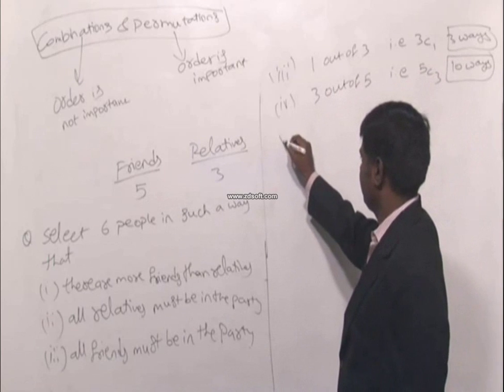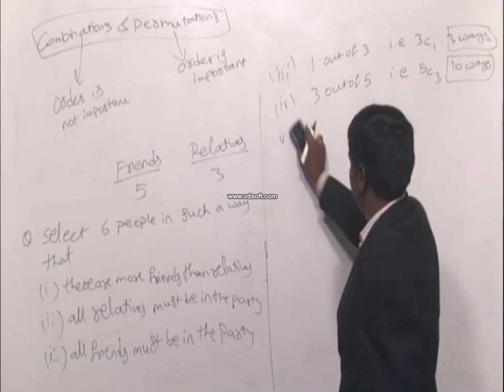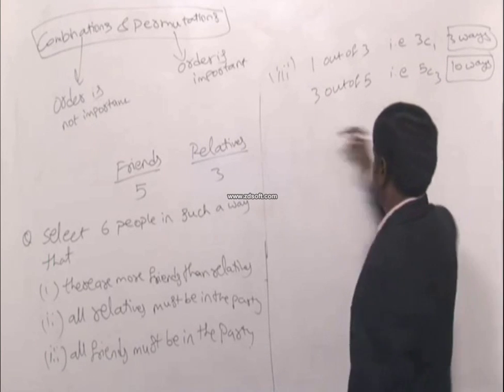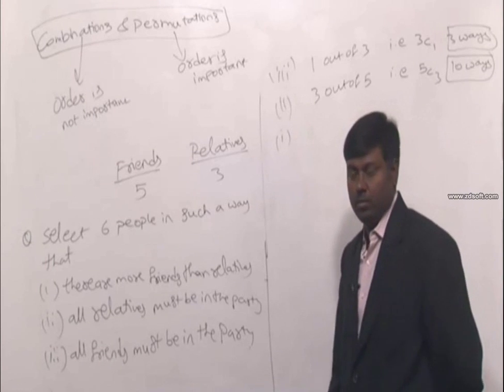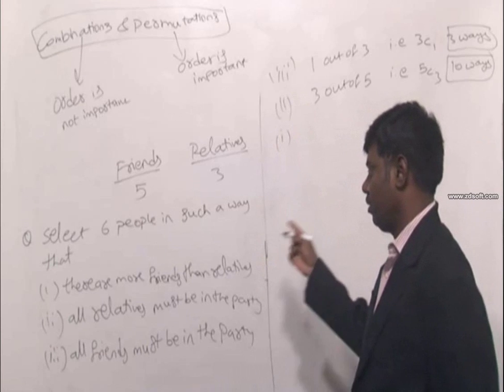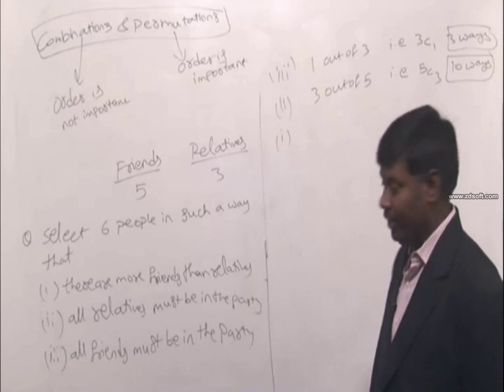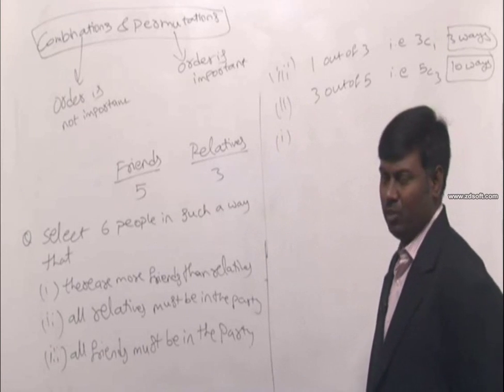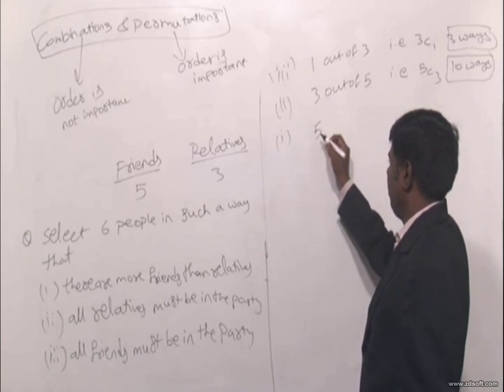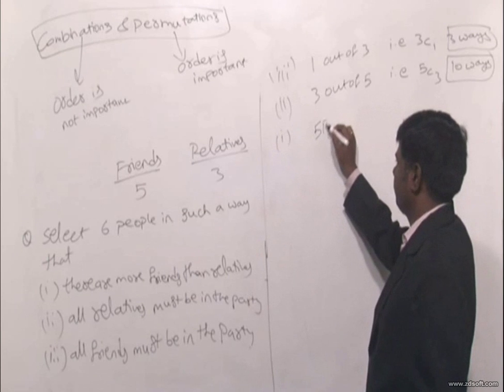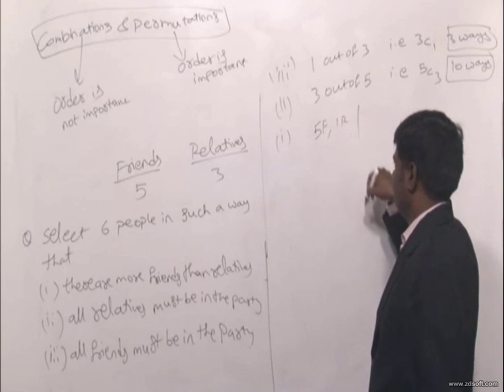Next, there are more friends than relatives. Friends should be more than relatives. Look at the different possibilities. What are the possibilities? All friends, one relative, right?